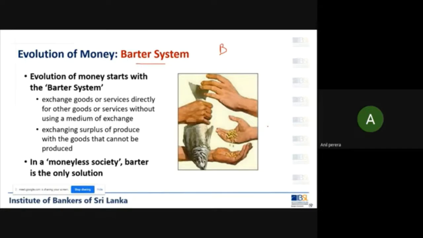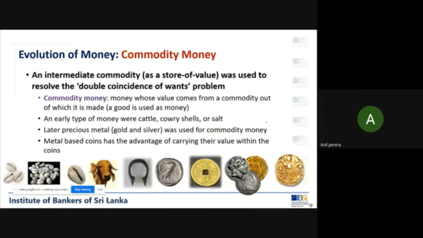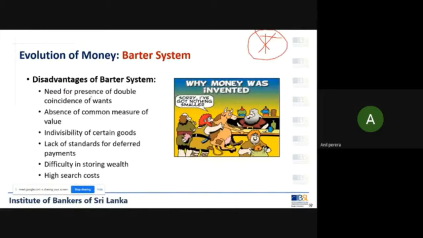If he only says, okay, give me fish, I'll give you grain, then only the transaction would be fulfilled. So that is the idea of the need for double coincidence of wants. Both needs should be matched with each other.